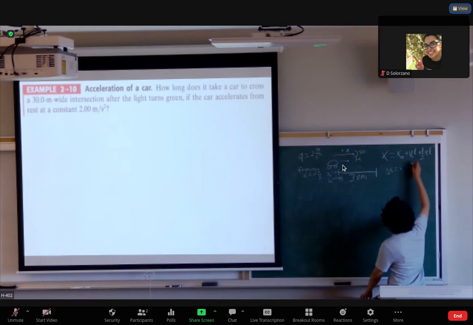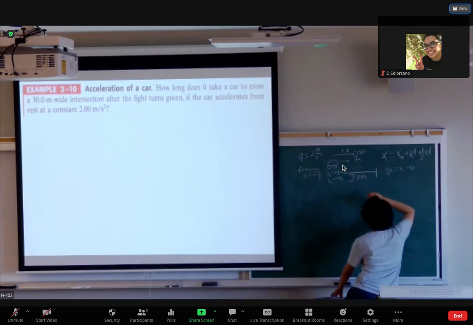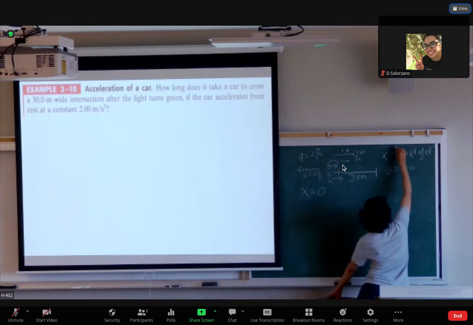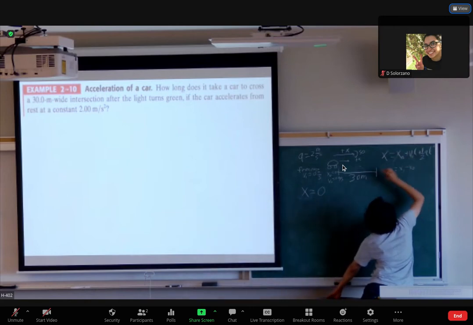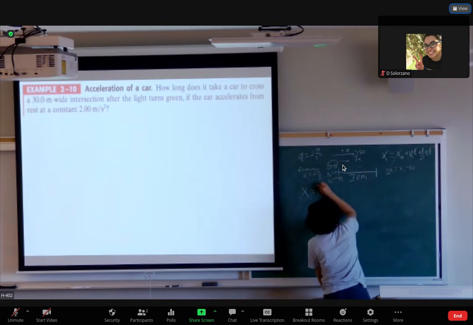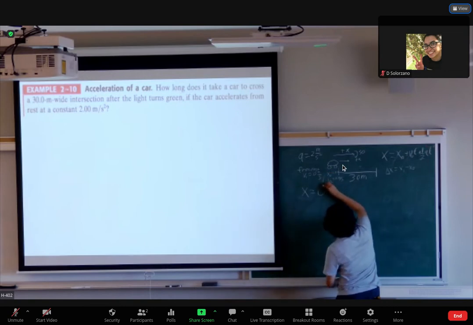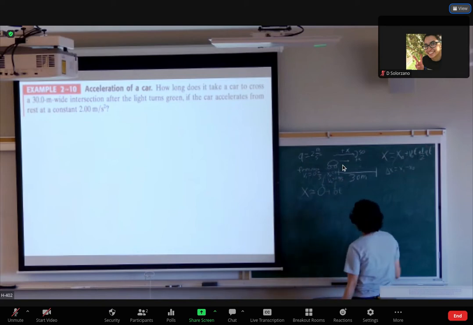Cool. So, I'll rewrite this. x equals 0, because this is going to get canceled out, because x naught is 0. And this one's going to get canceled out because v naught is 0. Anyway, this was x naught. It's 0 plus v naught, which is 0, 0t, which is still going to be 0.